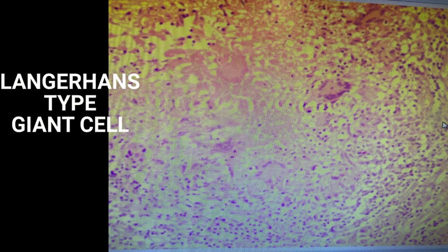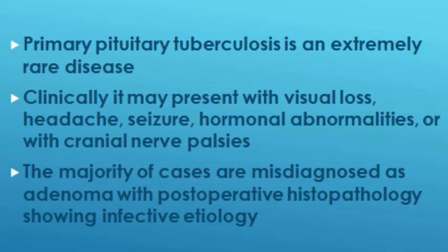It usually presents with visual symptoms and headache, sometimes seizure or hormonal abnormalities, cranial palsies. But most of the cases are misdiagnosed because of the location, where most of the time we easily brand it as pituitary macroadenoma.